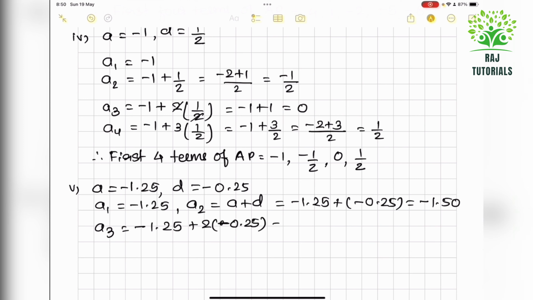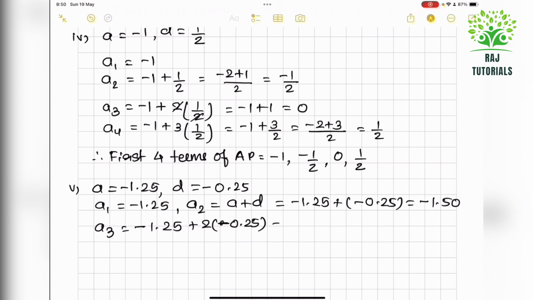A4 will be minus 1.25 plus 3 into minus 0.25, so that will come to minus 2. Therefore, first four terms of AP are minus 1.25, minus 1.5, minus 1.75, minus 2.